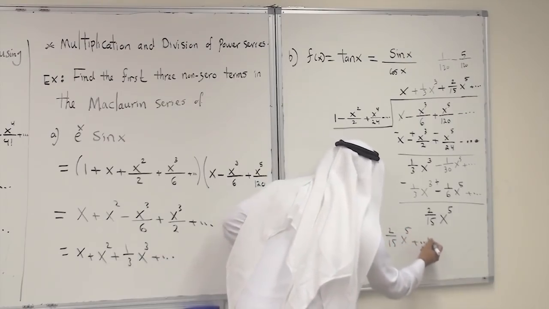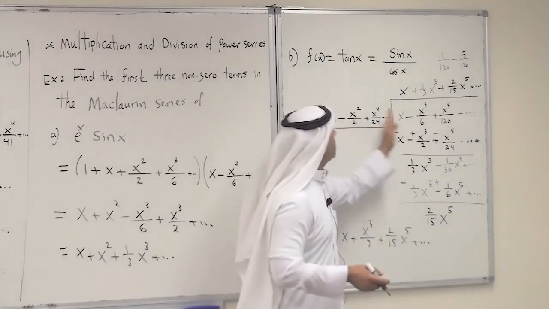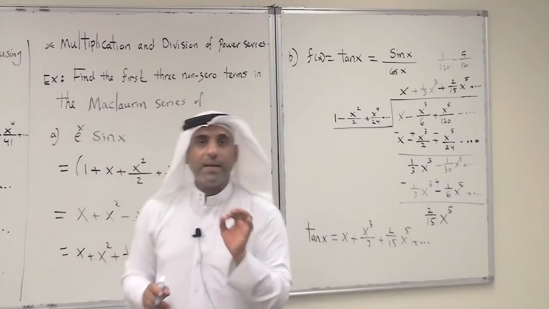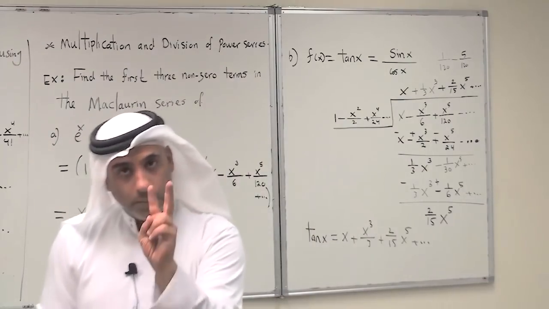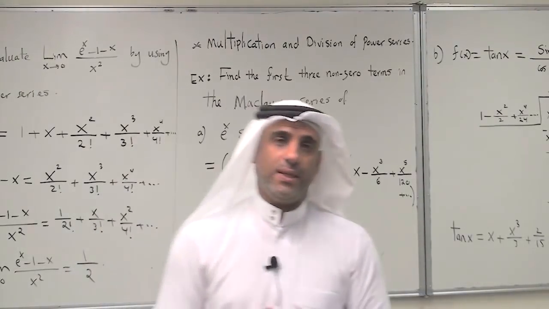Of course, if you are interested in more terms, you need to add more terms here and more terms there, and then do the same way. That is simply the way we multiply 2 power series and divide 2 power series.